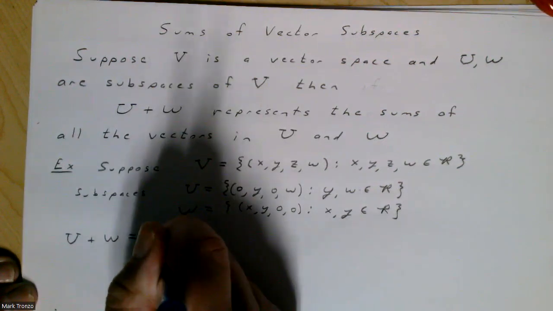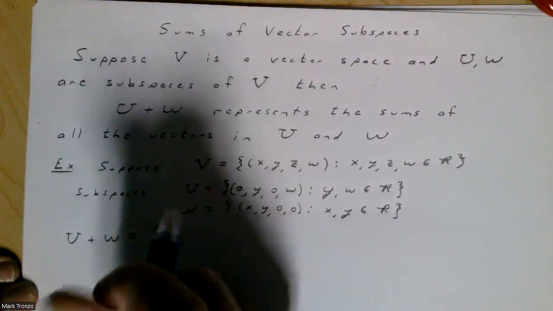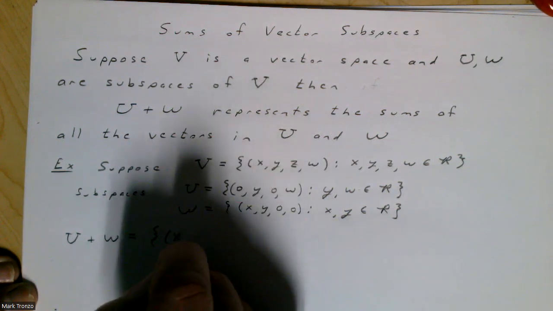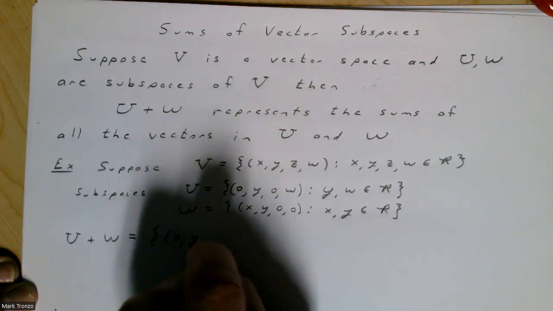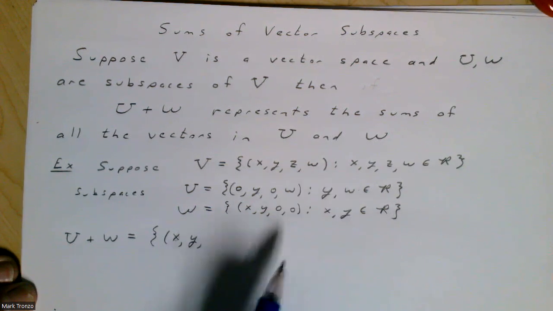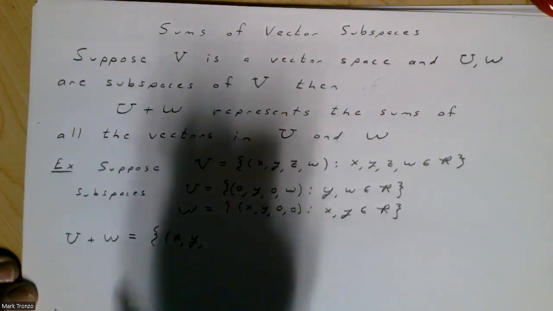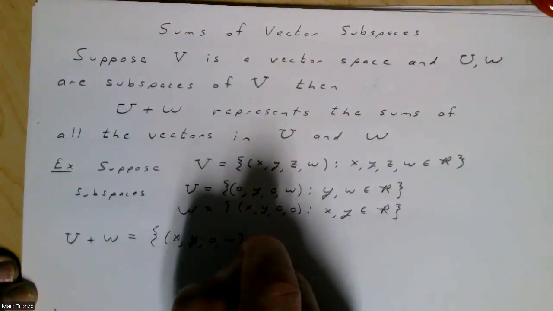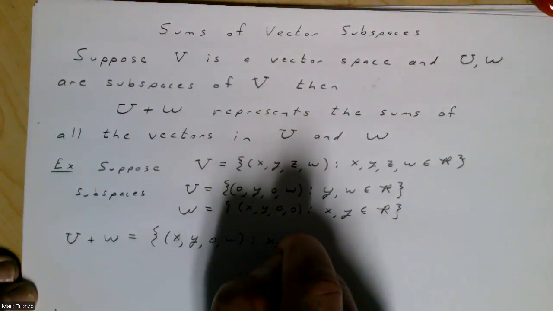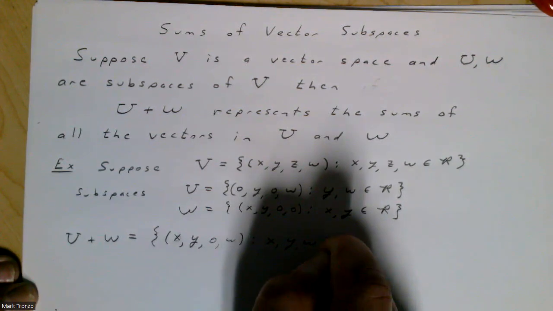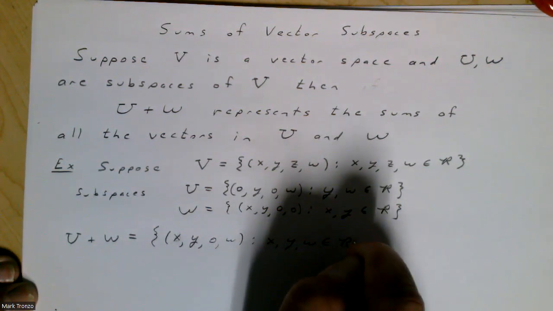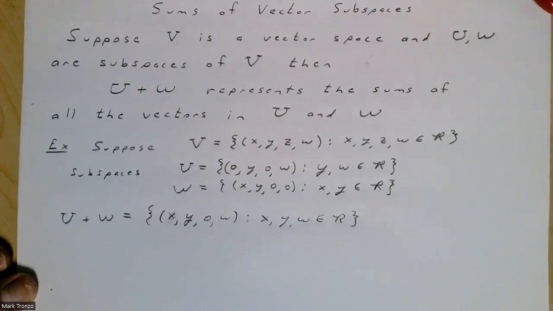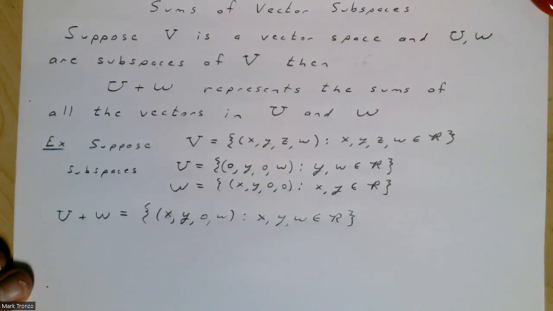We would have an X right here, with all the possible values here. We'd have Y. When we add these two together, we still have zeros in the Z position. And W. So this is X, Y, W in R. Like this.